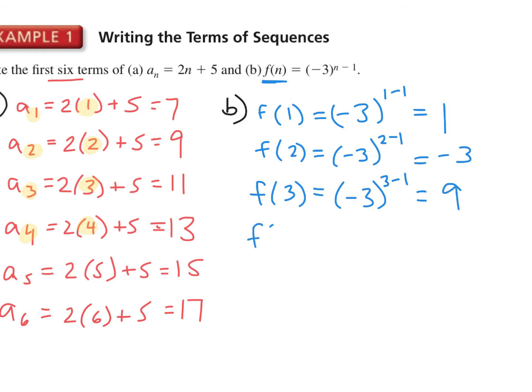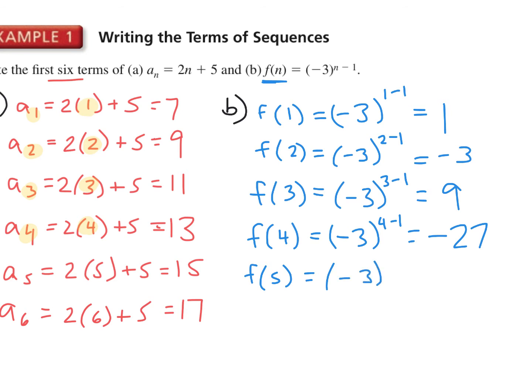Then we plug in 4. Negative 3 to the power of 4 minus 1. So negative 3 to the power of 3. Positive or negative? Negative. Negative 27. Next we plug in 5. Negative 3 to the power of 5 minus 1.